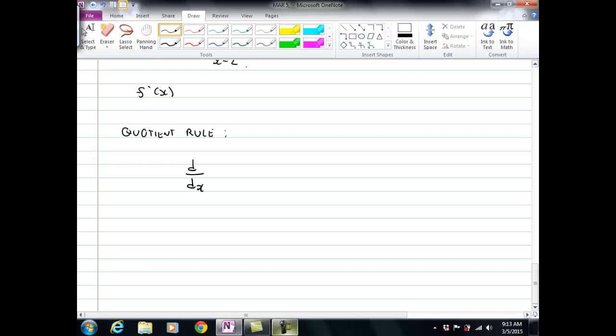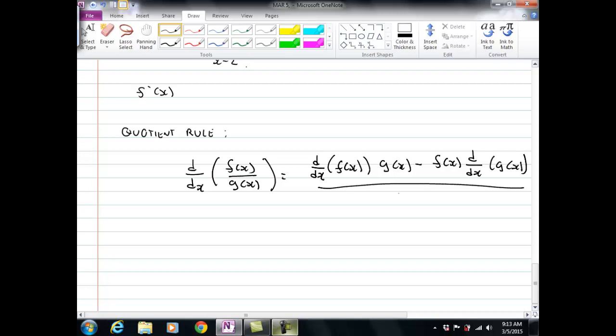D over dx of f of x over g of x equals d dx of f of x times g of x minus f of x times d dx of g of x, over g of x squared. So that is the actual formula of the quotient rule.